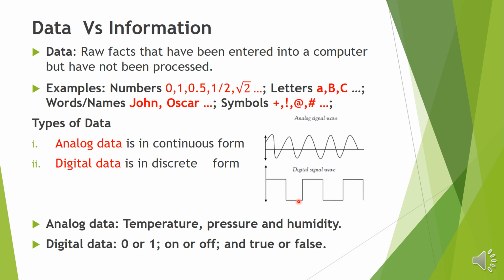That's the reason why we say that digital data exists in two possible states, 0 or 1, known as a bit, or binary digit, and 0 is the same as off whereas 1 is the same as on, as well as true is the same as 1, and false is the same as 0.